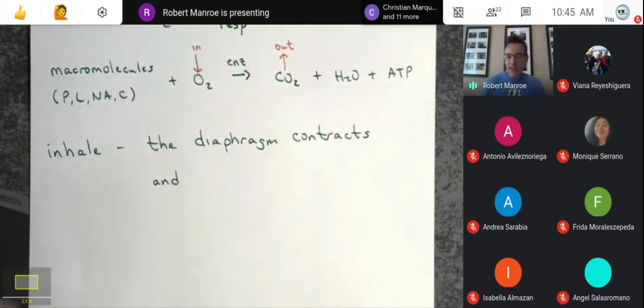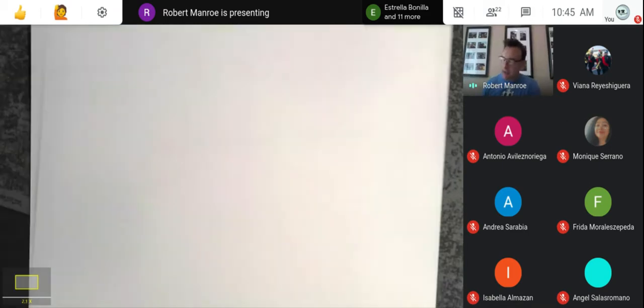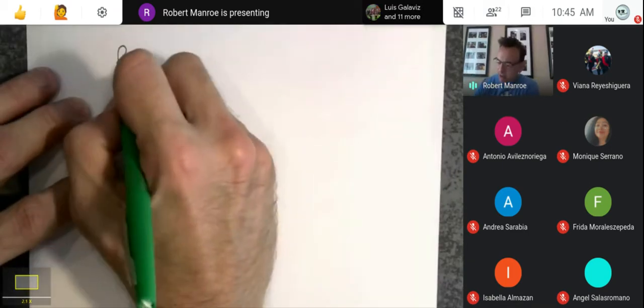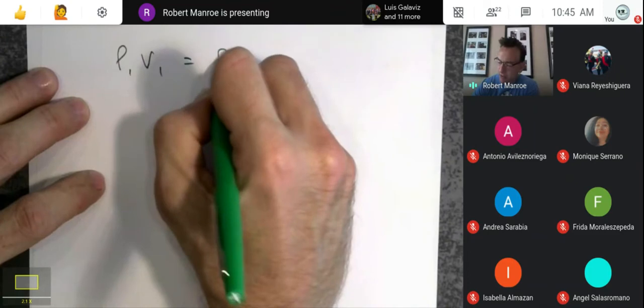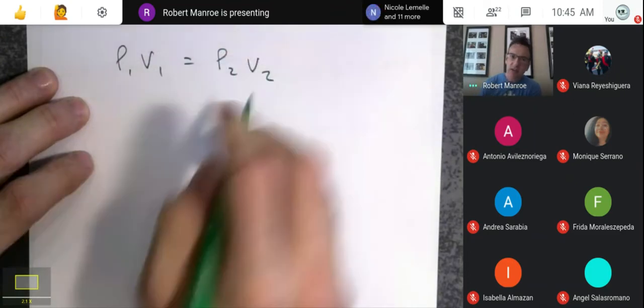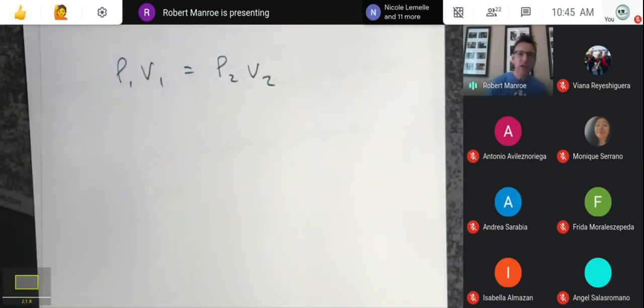So what happens here is the diaphragm contracts. When the diaphragm contracts, it drives down, okay? When the diaphragm drives down, that increases the volume of your thorax. It increases the volume of your chest. Well, in chemistry, you did P1V1 equals P2V2. Basic chemistry equation, yes?